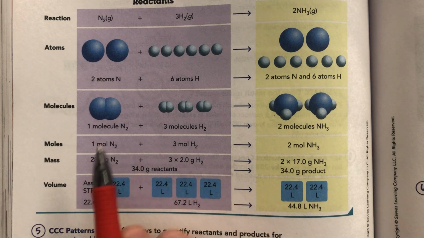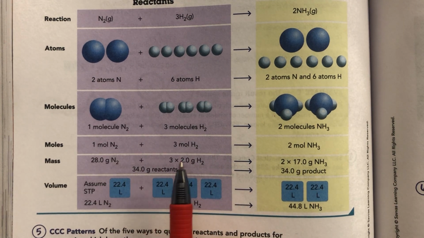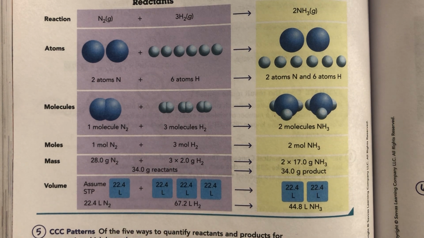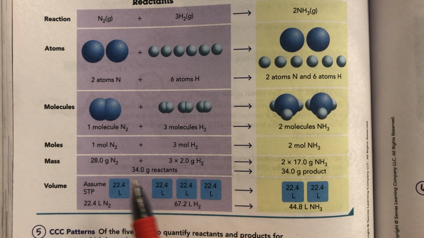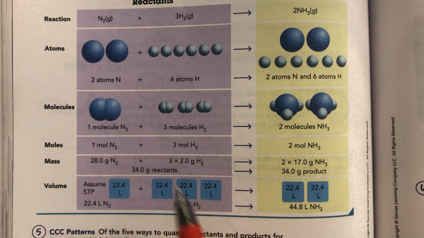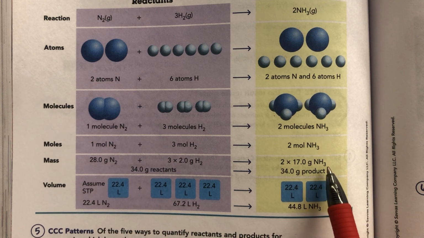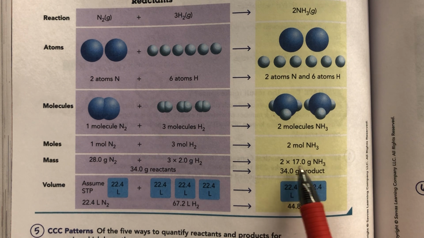So our total reactants, if we had 1 mole of nitrogen and 3 moles of hydrogen, it would weigh 34 grams. Now, we have to double check this, because if that's how much it weighs on this side, totally between nitrogen and hydrogen atoms, how much does it weigh on the other side? Well, NH3, okay, it has an average atomic mass of 17.0 grams.